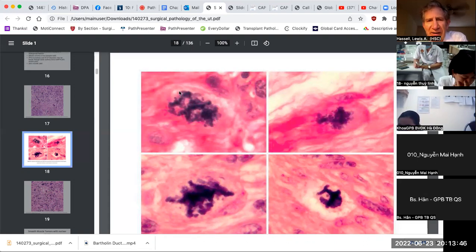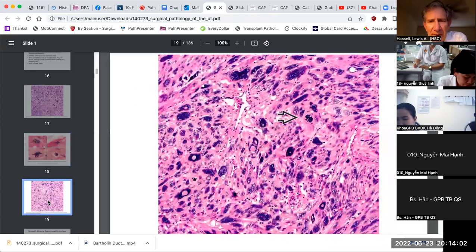So in these situations, these are not truly mitotically engaged spindles where the phosphohistones have been exposed, but are simply degenerate, bizarre nuclei. Here's an example at a lower magnification of something that looks like a mitosis and so forth.